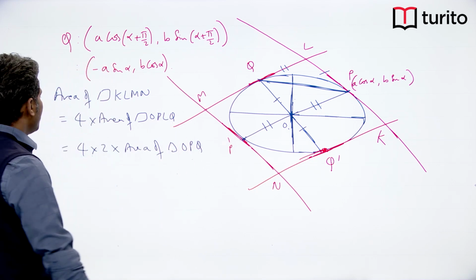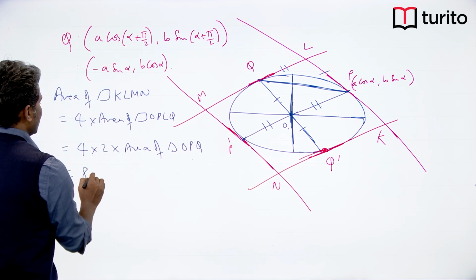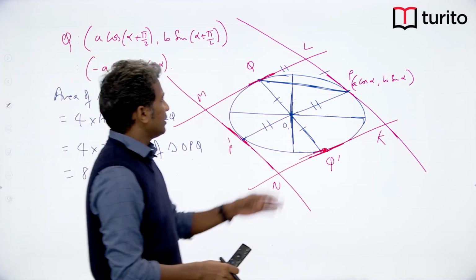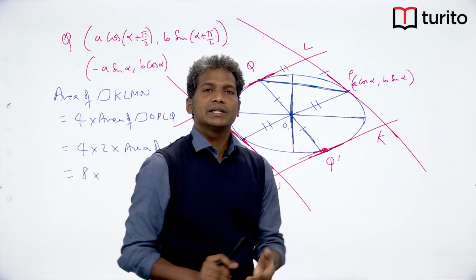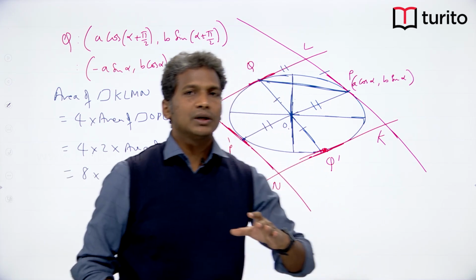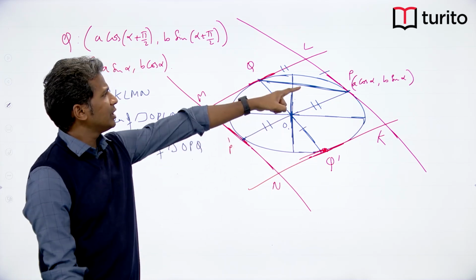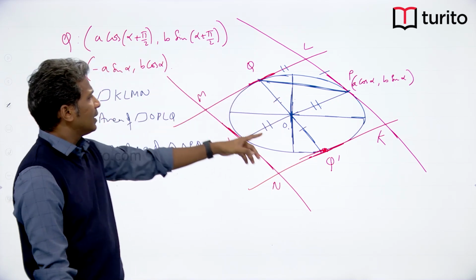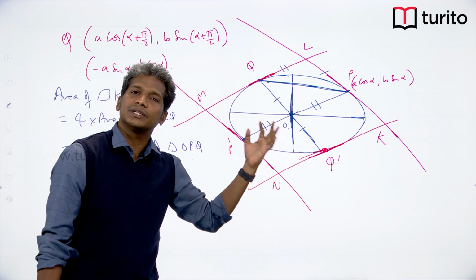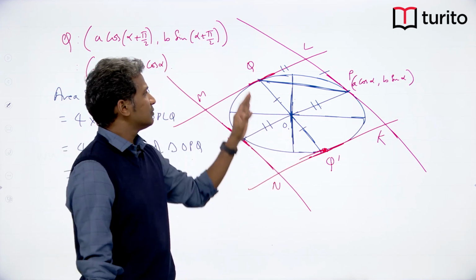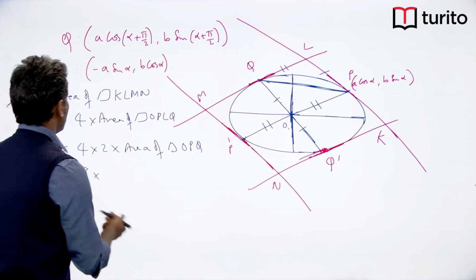Now finding the area of a triangle is simple. We can find the area of triangle OPQ in a simple way, but we do not use half base into height; we will be using the coordinates. We have the coordinates of P, the coordinates of Q, and also the coordinates of the center, which is the origin. So we can directly use it. How do we do that?